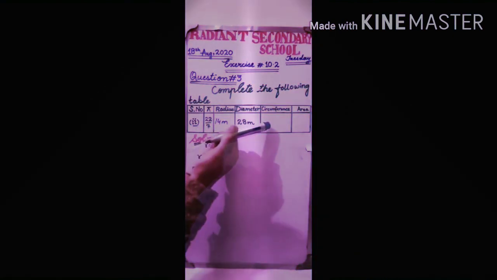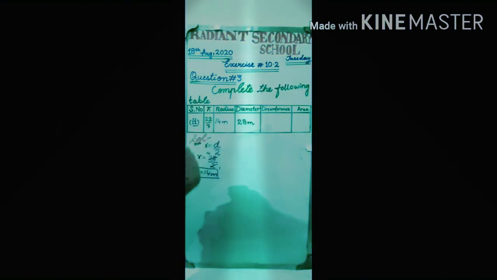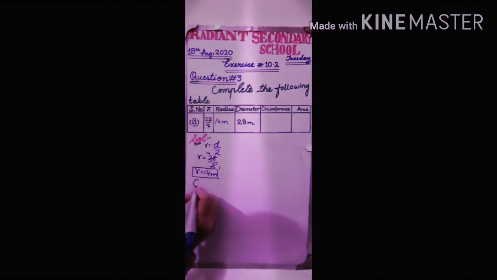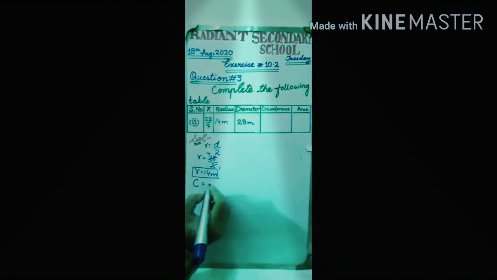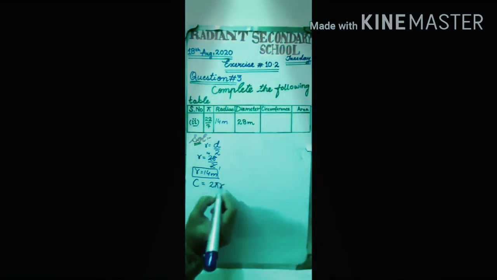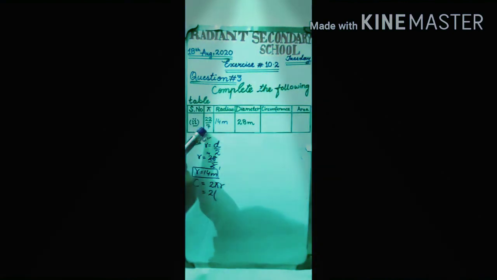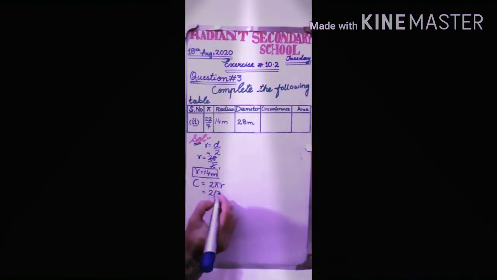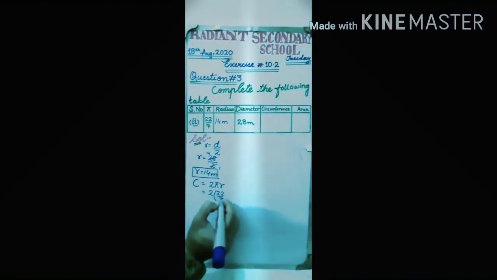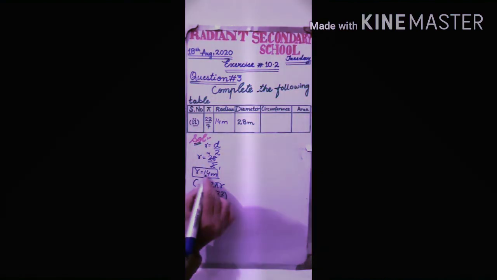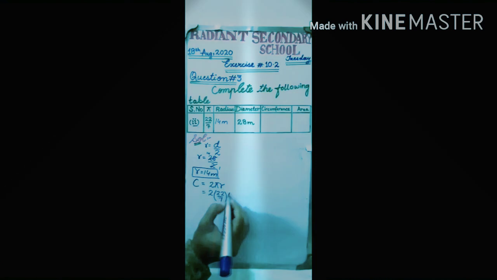Now come to circumference. We have to find circumference. Write the formula of circumference. Circumference is equal to 2 pi r. Now put the values here. 2, value of pi given in the question 22 by 7, r. We have found r, so you have to put r here, 14.